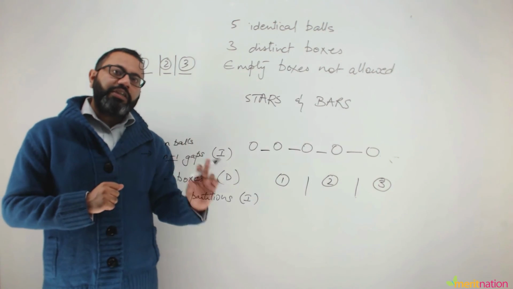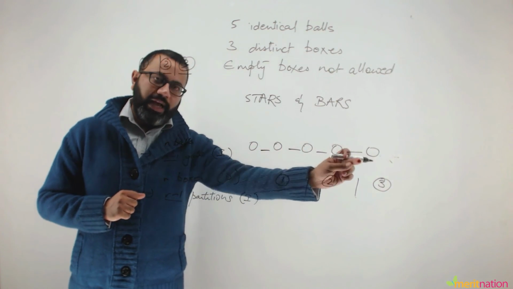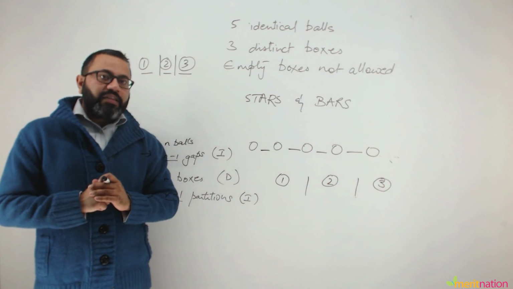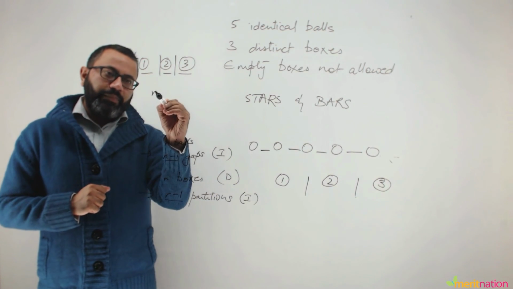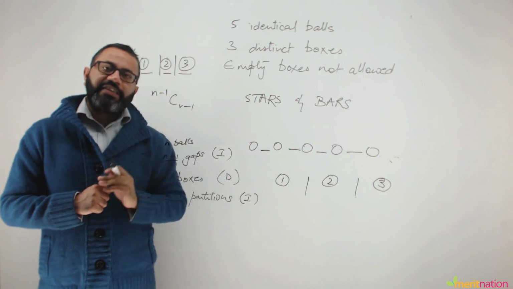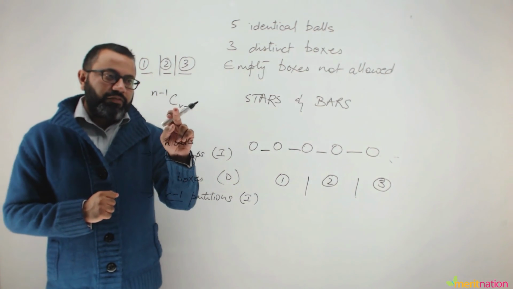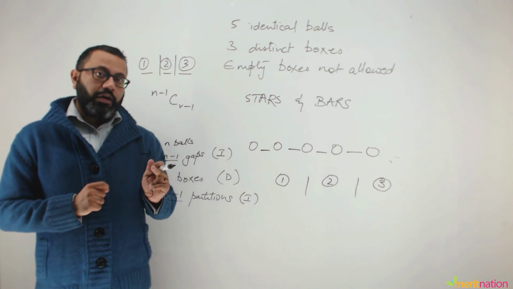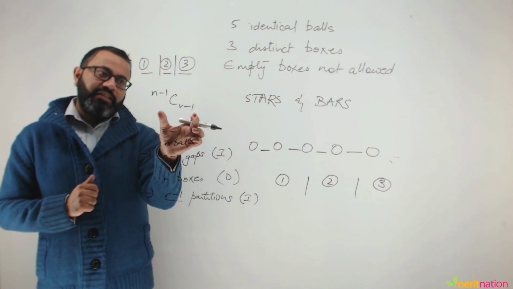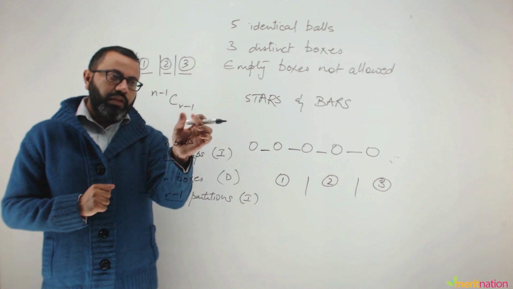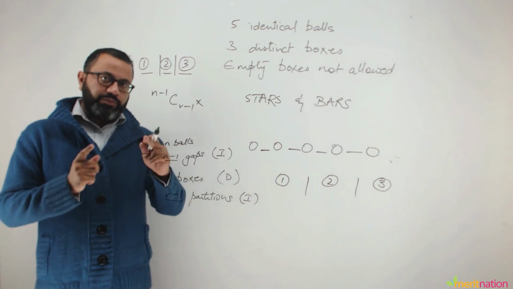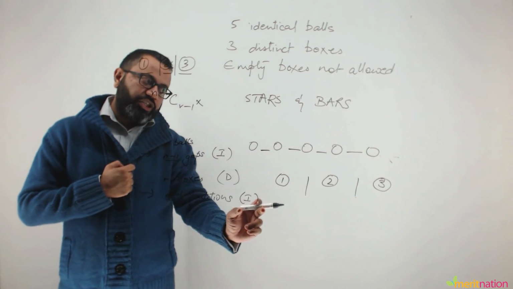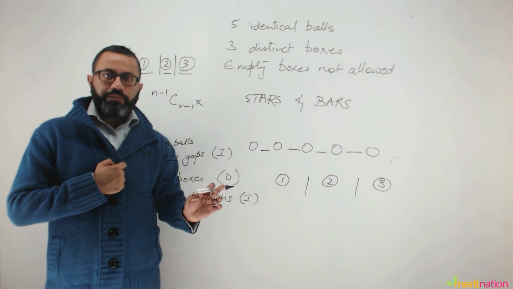This problem has now been reduced to selecting those 2 gaps, or r minus 1 gaps, out of the n minus 1. Can we say that the number of ways of doing this is simply n minus 1 C r minus 1? We have to select r minus 1 gaps out of n minus 1 gaps. If you want to be thorough, then we could use the rule of 'and' and say that this is the number of ways in which we can select them, and then we need to multiply with, because we do 'and', the arrangement of r minus 1 partitions amongst r minus 1 gaps.